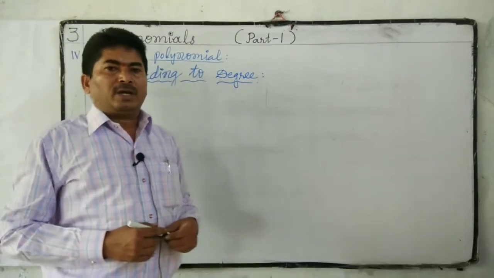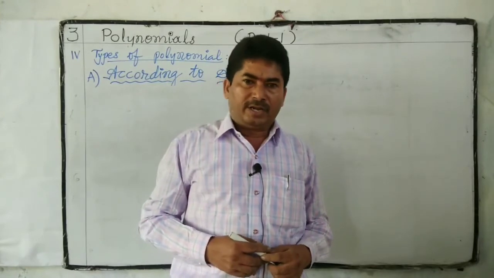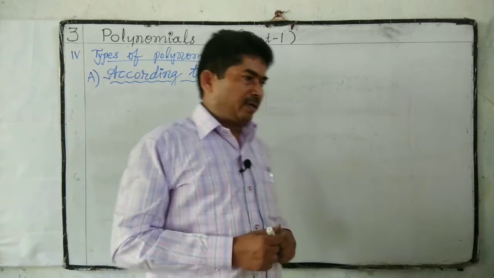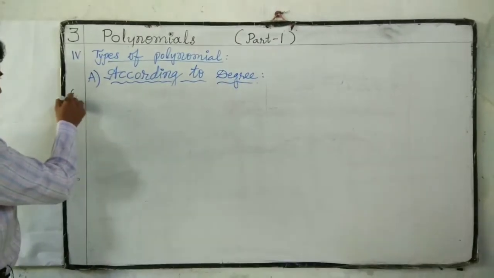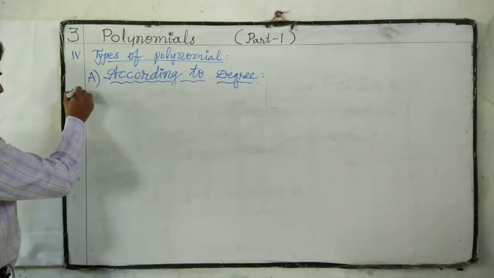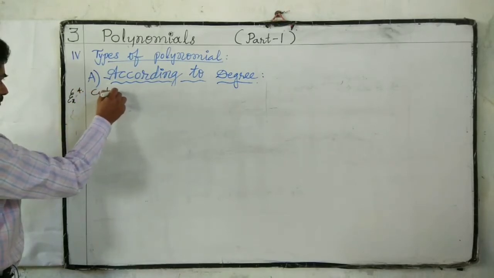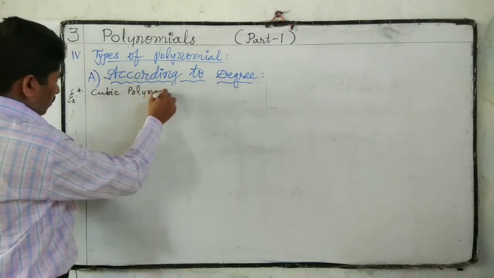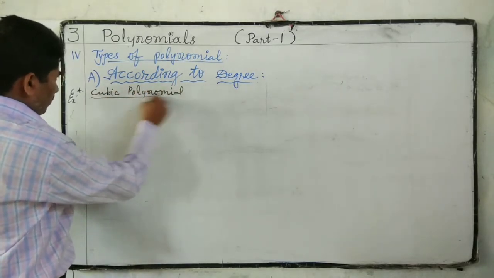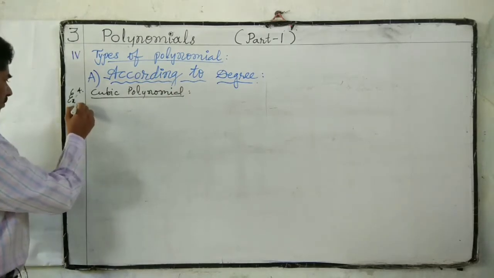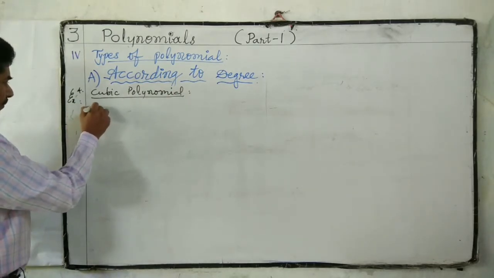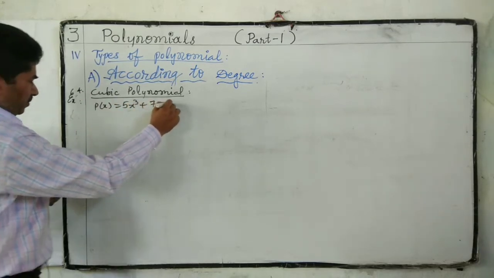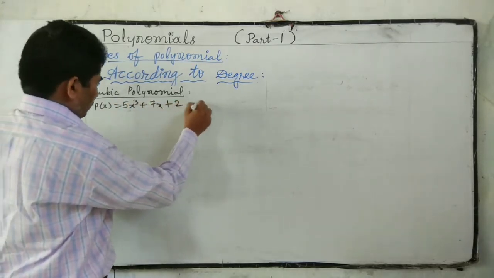Next, cubic polynomial. A polynomial of degree 3 is called a cubic polynomial. Example, p of x is equal to 5x cube plus 7x plus 2.